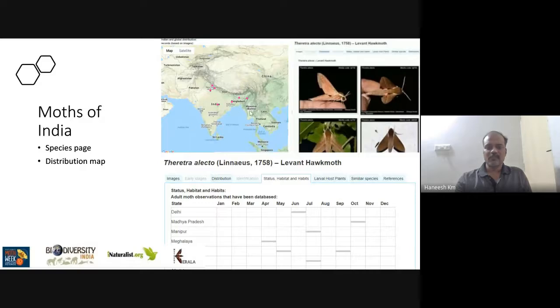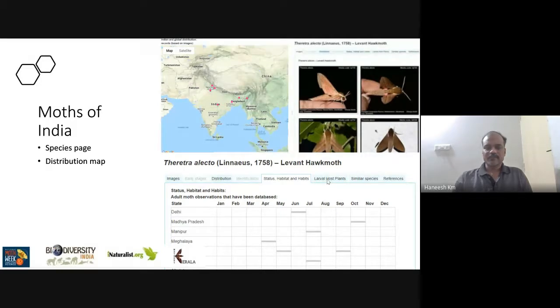Based on their records, you can see where it has been recorded, the pictures of it, and also the state-wise distribution, in which month and which place it has been seen. It's a good record, and a lot of additional information can be added. They are slowly developing the larval host plant details, similar species, all that. The pages are slowly coming up.